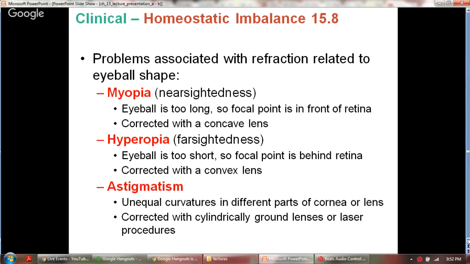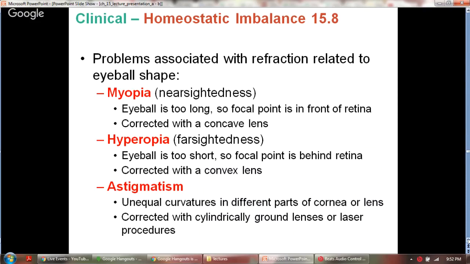The clinical scenarios involved with refraction and focusing of light are that there are several refraction problems related to eyeball shape, like myopia, nearsightedness. The eyeball is too long in this individual, so the focal point is in front of the retina, and you have to use concave lenses to correct it.